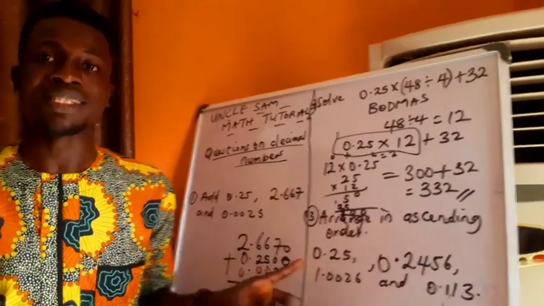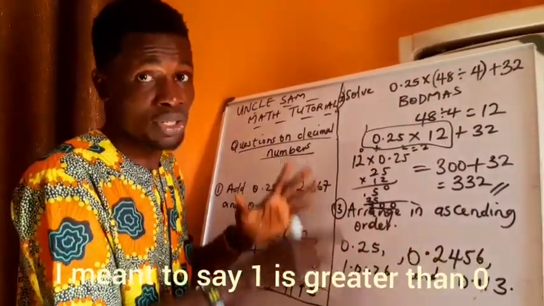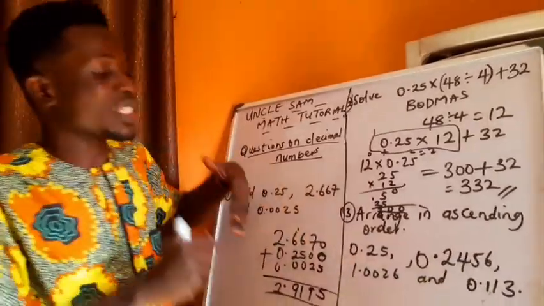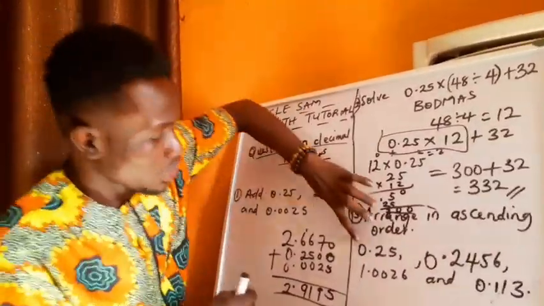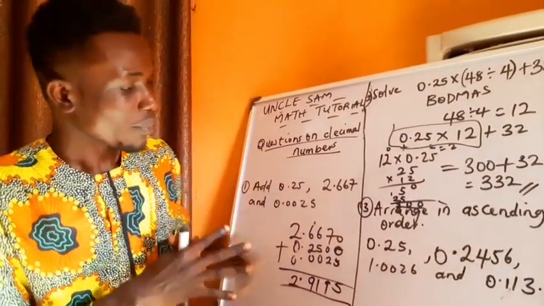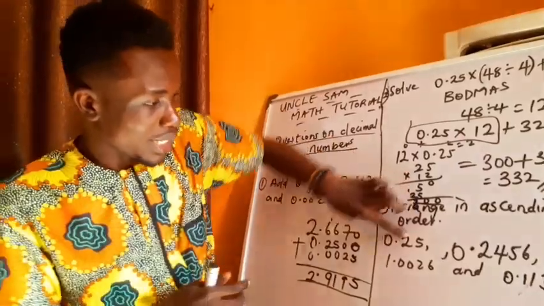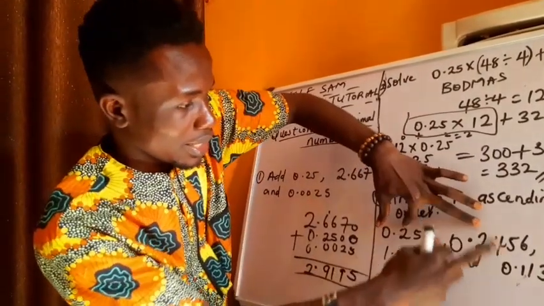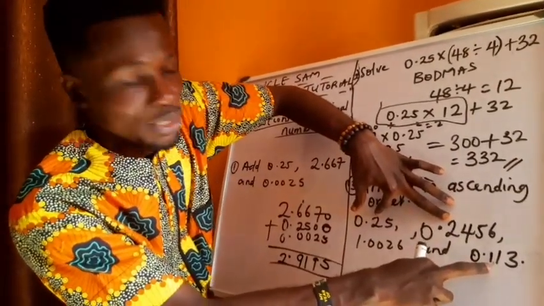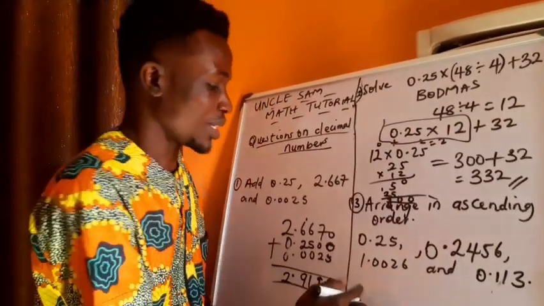So obviously 1 is greater than 0. So this is the biggest number. So we're not going to pick it yet. We're going to start with the smallest. So 0, 0, 0, 1. We can't know from there. So we'll move on to the next number, which is 2. 2 is here, 2 is here, and 1 is here. So obviously this number is the smallest.